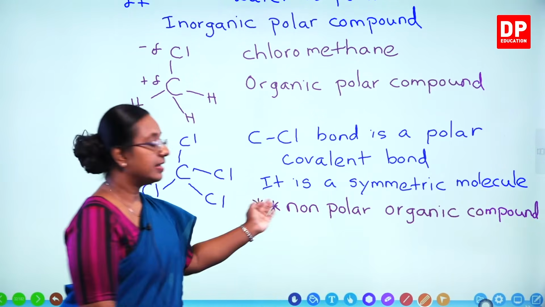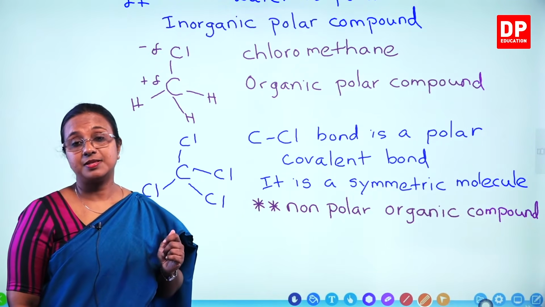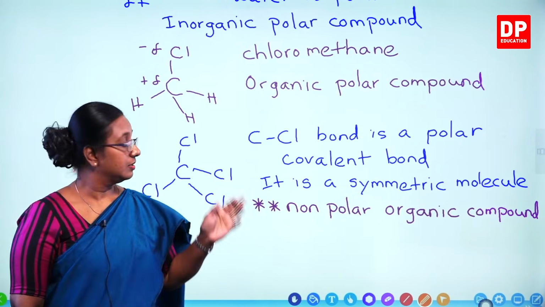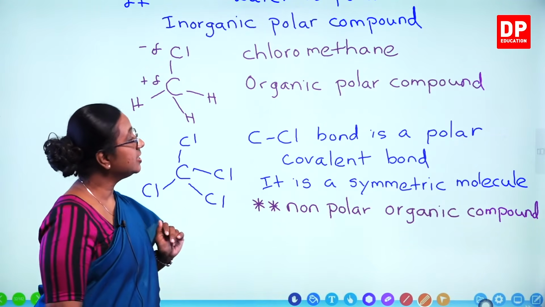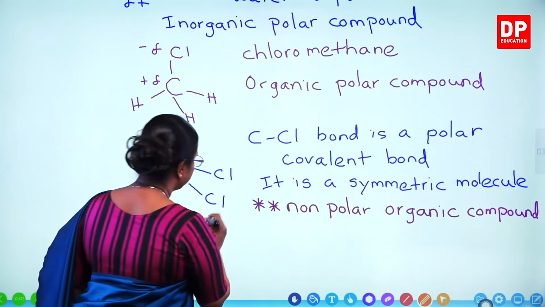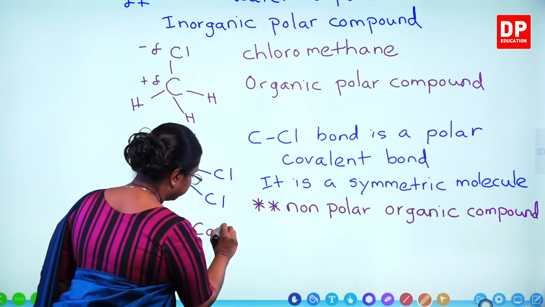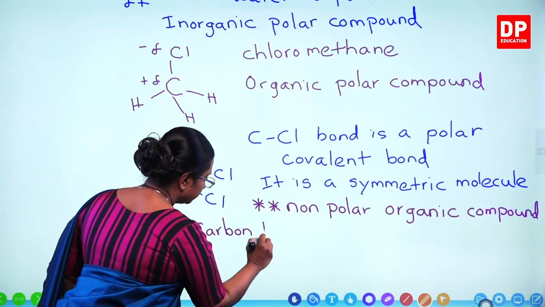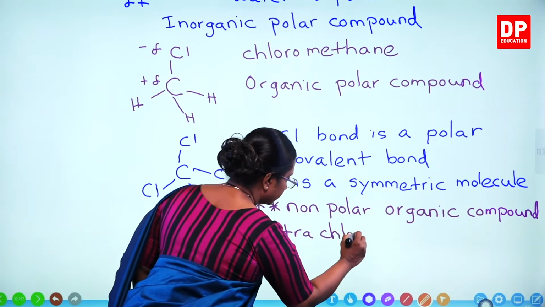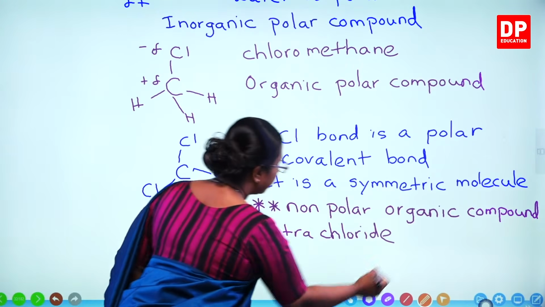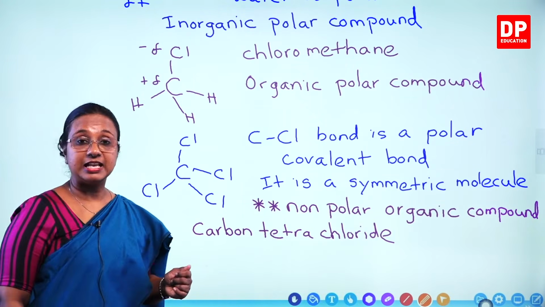So for this, there are many other examples like methane. Methane is of course non-polar organic. Carbon tetrachloride. Even hexane.